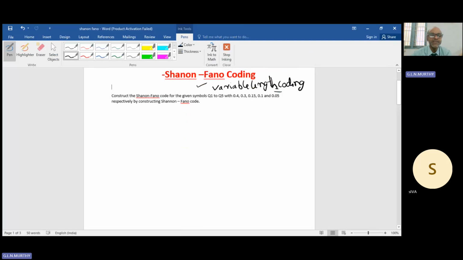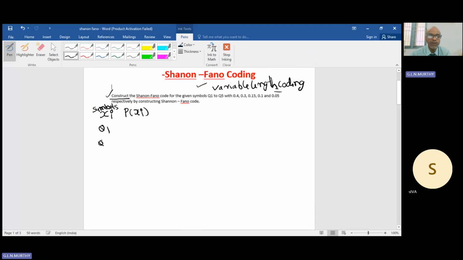So let us see this example. What is asked? Construct Shannon Fano. As in the previous case, the initial process is the same. Write down the symbols, the i-th symbols, and mention their probabilities, P of x. What are the symbols given here?